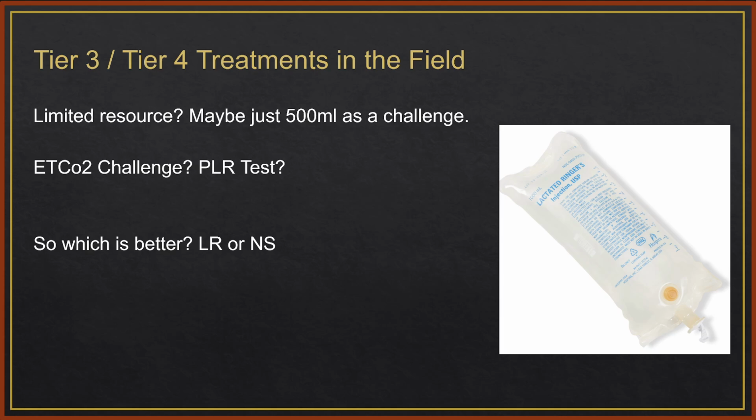Because if your patient is very hypoperfused and their mean arterial pressure is less than 65, and you give them 2 liters of fluid over an hour and it still hasn't come up, they're still hypoperfused. That's an additional hour where oxygen is not getting to their cells, right? So getting that 500 milliliters as a challenge can be very beneficial.